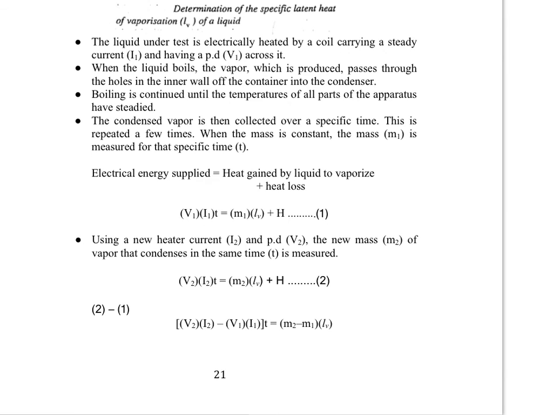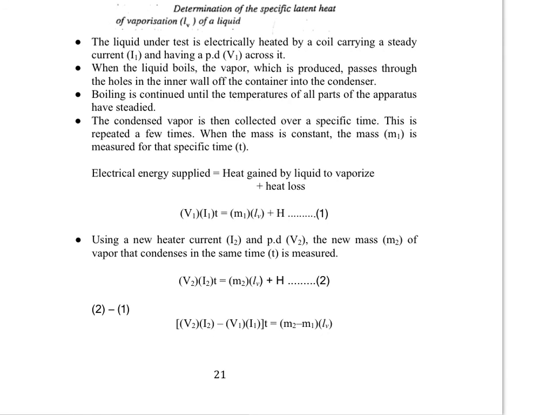Then some students ask me, why didn't I do the same thing when I wanted to determine the specific heat capacity? Why couldn't I do it twice and then subtract to get rid of the heat loss? It's because to determine specific heat capacity, if you use different heater powers, the temperature rise won't be the same. So there's a difference in the temperature difference between the apparatus and the surrounding.